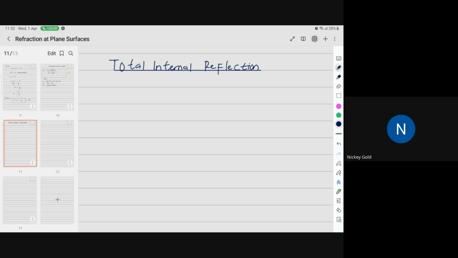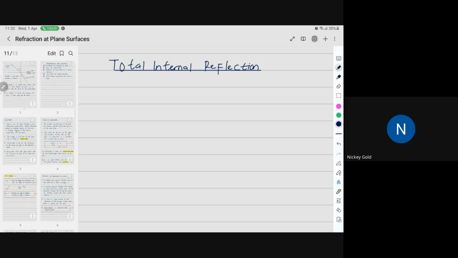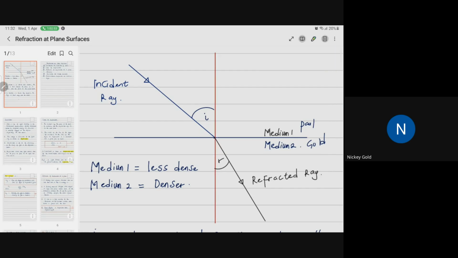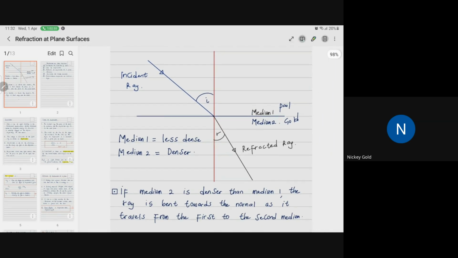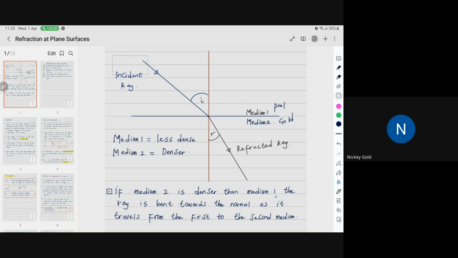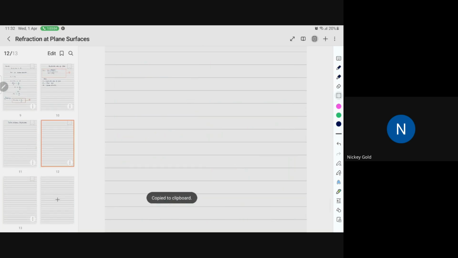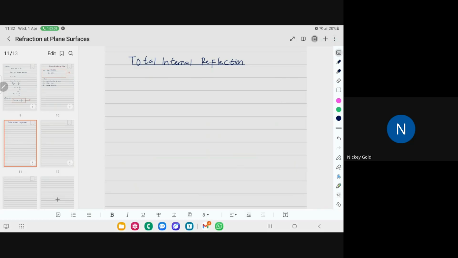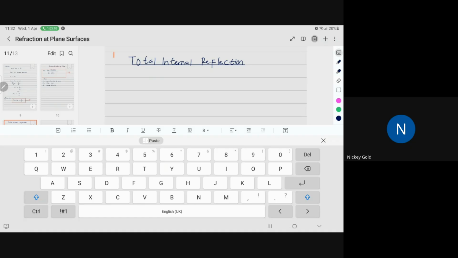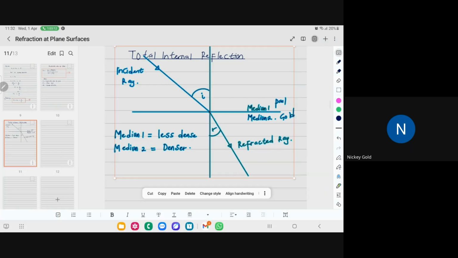What really happens here is, let me see if I can copy that diagram so it will make more sense to us. Let's copy this diagram so it will make more sense when I start explaining.